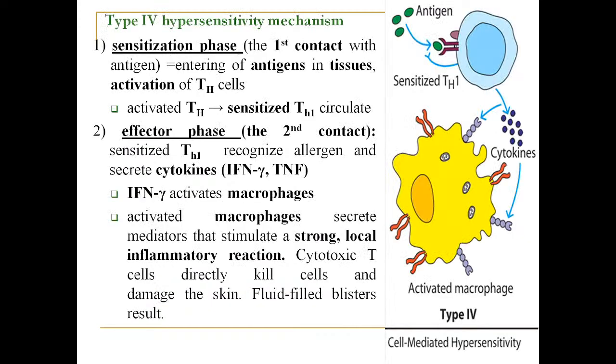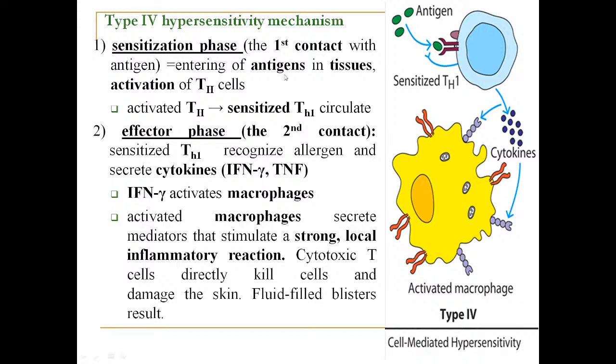What about mechanism of hypersensitivity type 4? The first stage is sensitization phase. It occurs after the first contact with allergen, after metal or Mycobacterium tuberculosis. We know it causes delayed hypersensitivity.